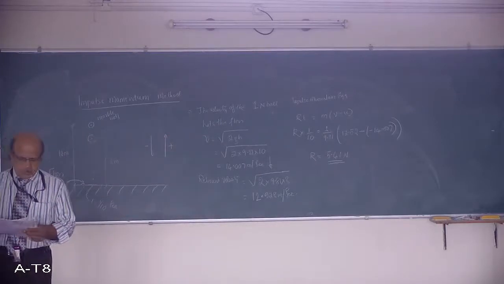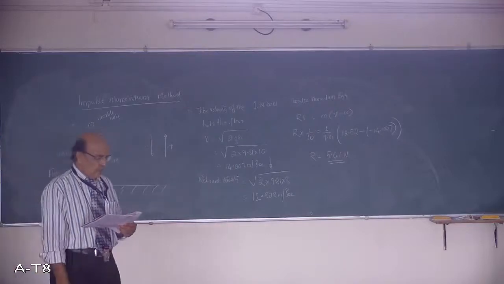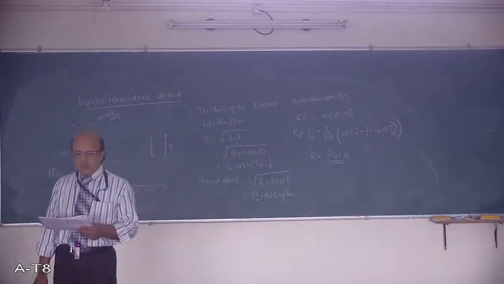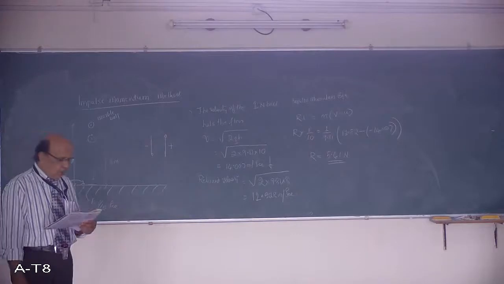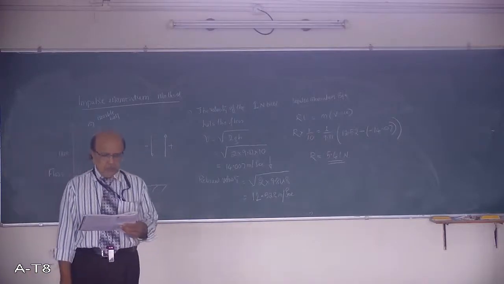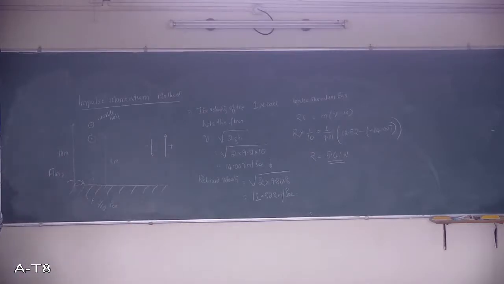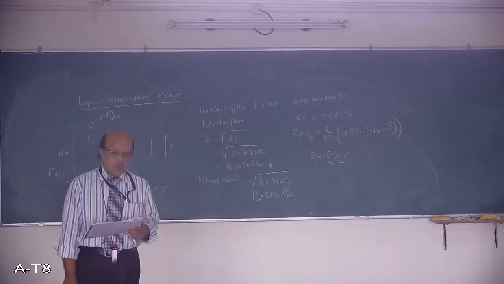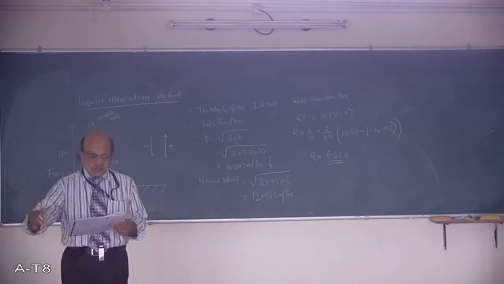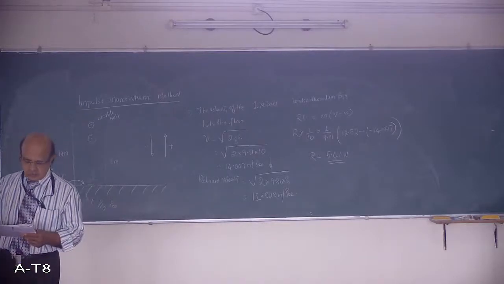A 1 Newton ball is bowled to a batsman. The velocity of the ball was 20 meters per second horizontally, just before the batsman's hit.